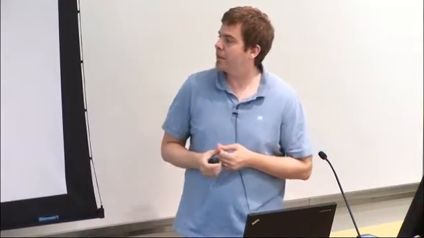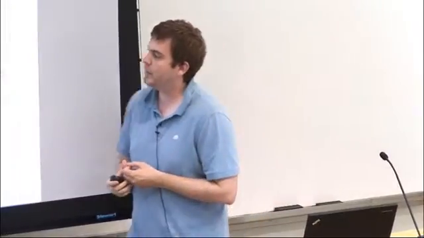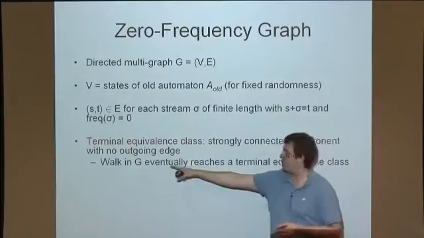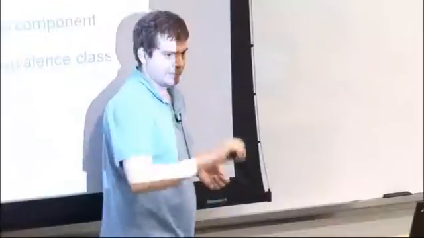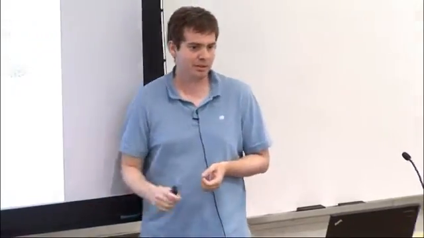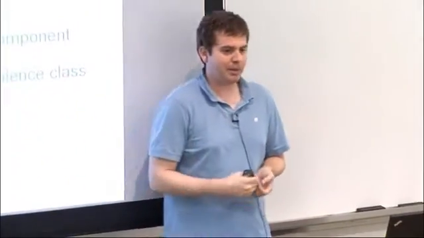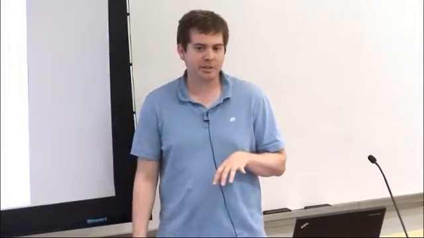Basically, an observation is that suppose I'm in this zero frequency graph G, and I take some arbitrary walk along the edges. Then eventually my walk lands in a terminal equivalence class, for a long enough walk. Just to remind you, what is a walk in G? You're not walking along the transition function.